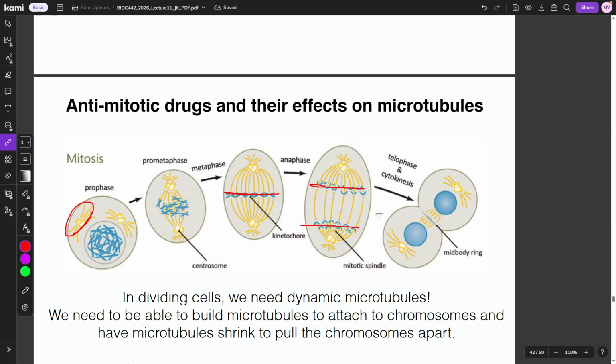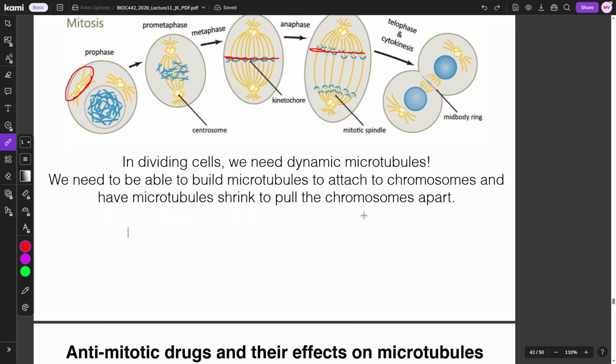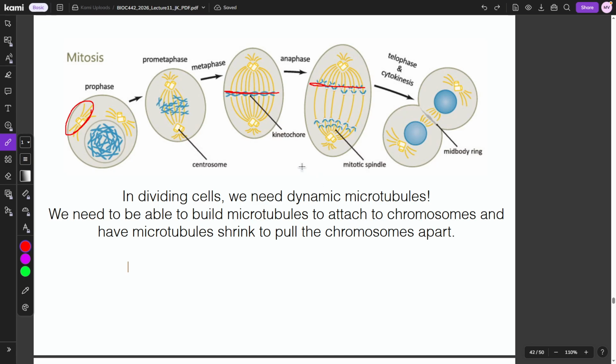They help with all of that. And actually the cleavage furrow here, the division here, is actually caused by actin and myosin. Fun fact, actually. Dividing cells need dynamic microtubules. They're very important because microtubules take part in prophase, prometaphase, metaphase, and anaphase, just everywhere.